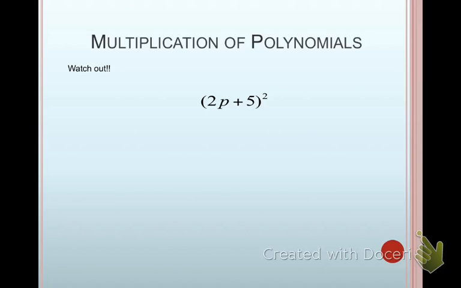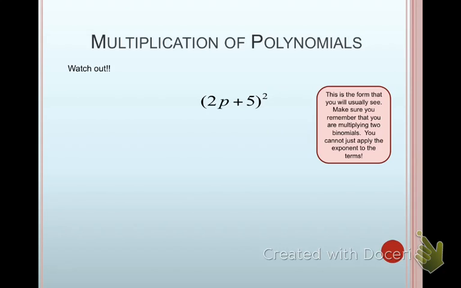Okay. Now, be very careful in the notation of the problem that is given to you. If you are given a problem in the form 2p plus 5 squared, this actually means 2p plus 5 times 2p plus 5. A mistake that a lot of students make is that they think, oh, I'm going to distribute that exponent of 2 to everything on the inside of the parentheses.